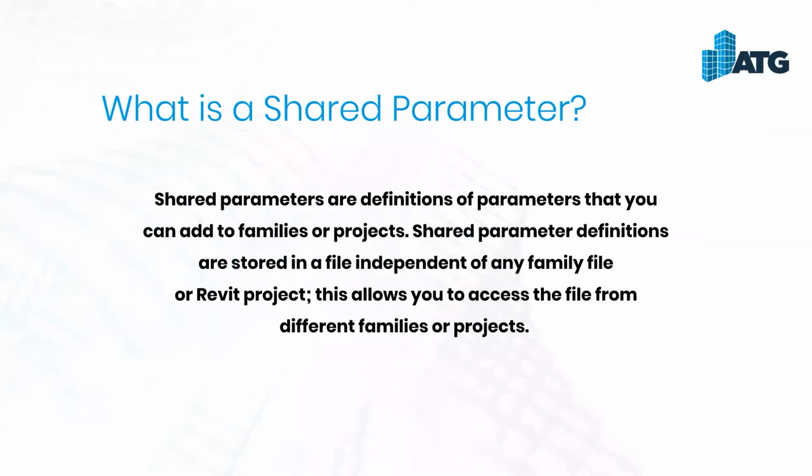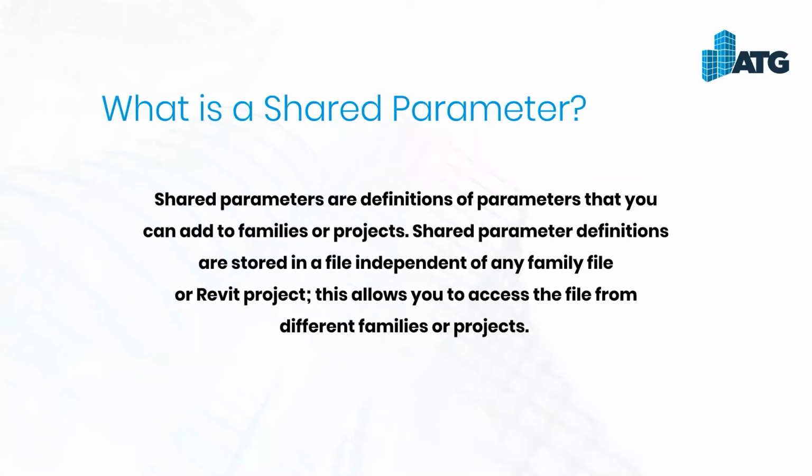First off, what is a shared parameter? If you've been working within Revit for a while, you probably hear a lot about parameters, and there are different types of parameters that you can deal with. The definition of a shared parameter is one that you can go in and add to families or projects.